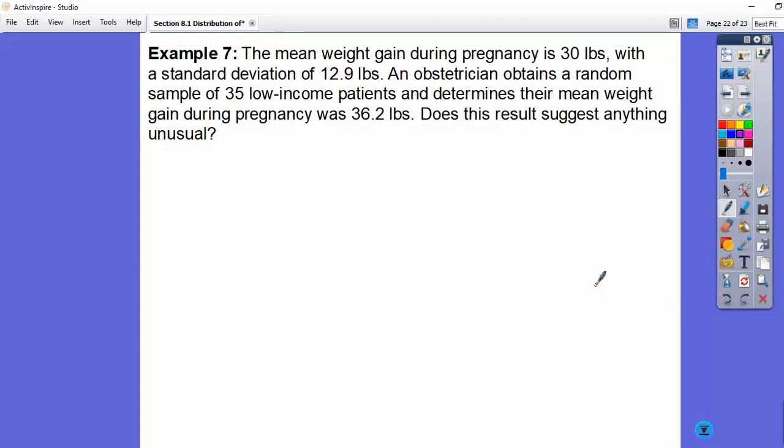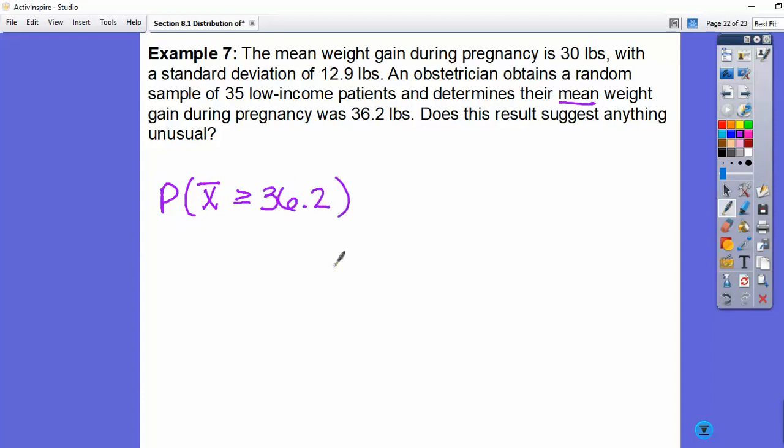What is the definition of unusual? Less than 5% is considered unusual. Okay, so I need to find the probability that the mean, x bar, was 36.2. To do that, let's do the probability that it's greater than or equal to 36.2.